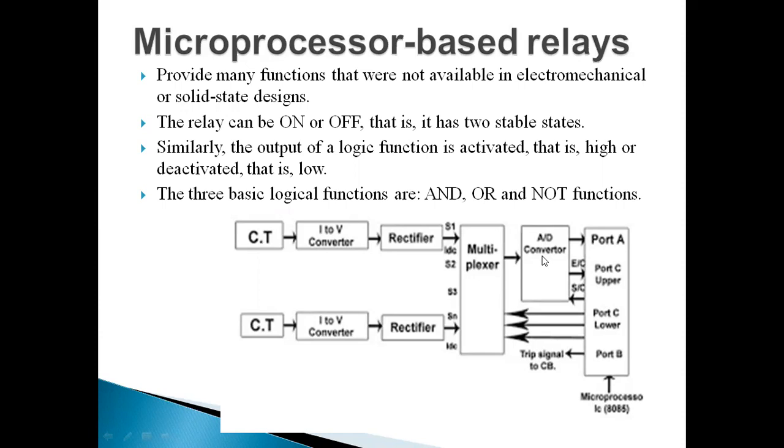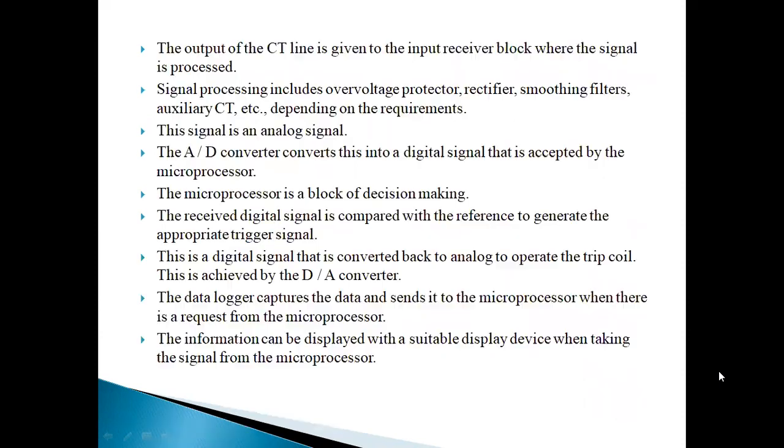It acts as a comparator simply. Here it checks whether a fault has occurred or not. If it is above the pickup value, then only it gives a tripping signal to the circuit breaker.